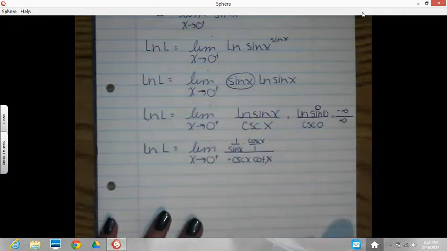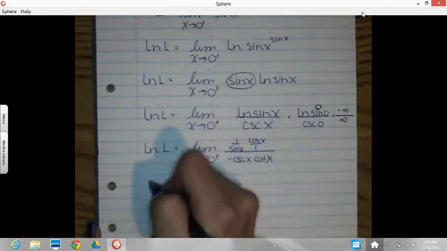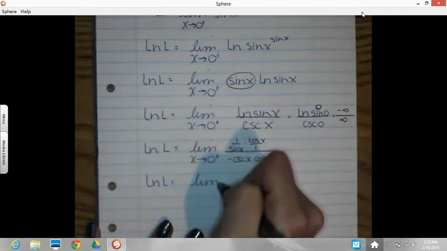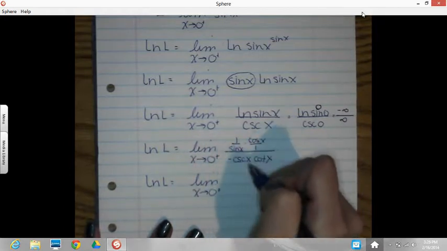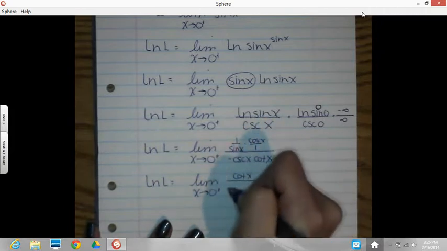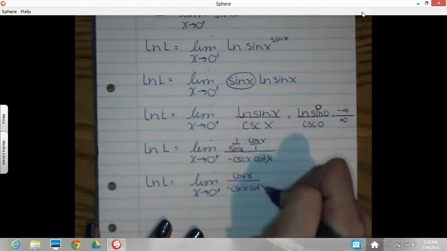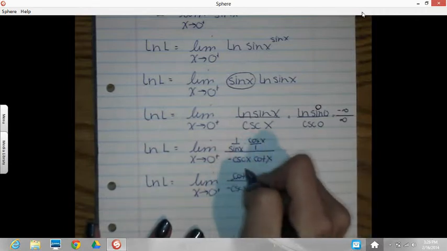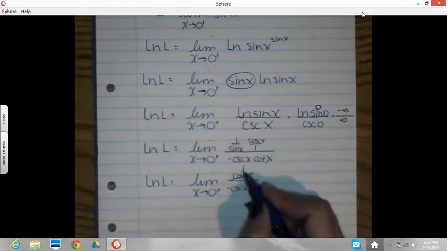Okay, if we do some simplifying first, cosine over sine is a cotangent. There I've got negative cosecant x cotangent x. I can see the cotangents will cancel each other out. I've got a 1 over a negative cosecant. That is negative sine.